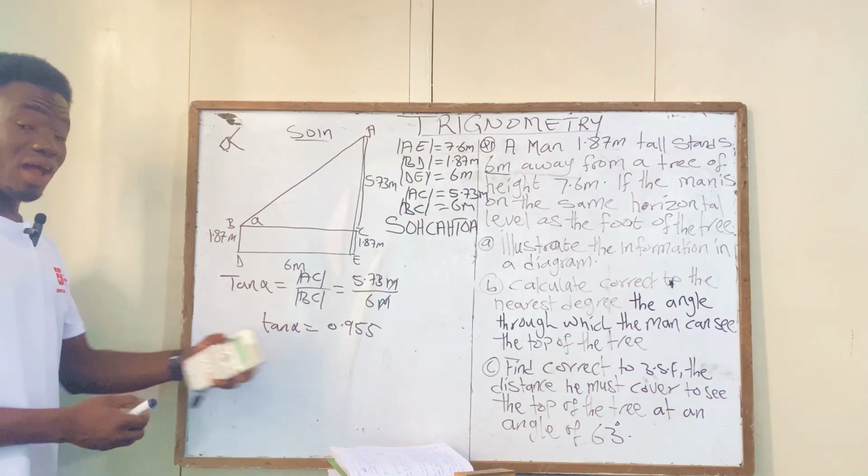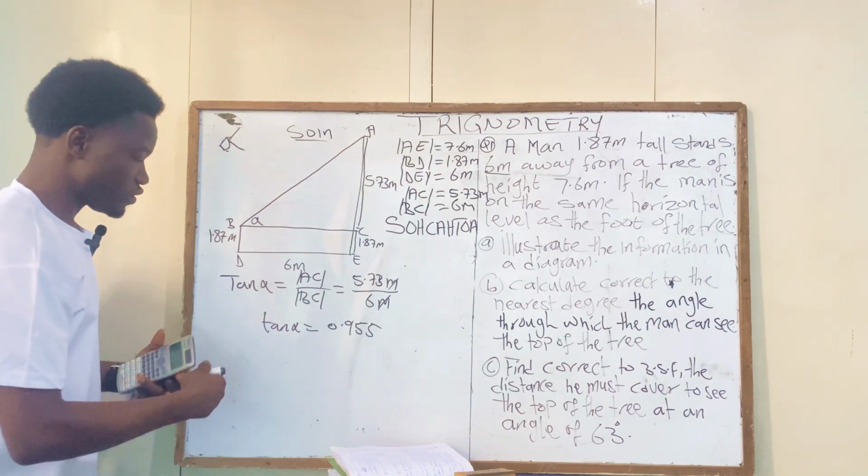we are now looking for the alpha, so therefore I take tan inverse on both sides.